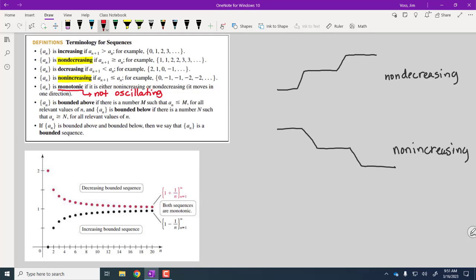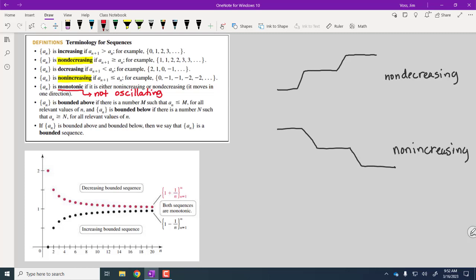If anything, it's moving in one direction. It never comes back down if it's going up. If it starts up, it can't come back down. So that'll be monotonic. It's trending up or it's trending down. And again, it's just absolutely fine to replace this with decreasing and increasing. Totally fine. That's what we are going to see in practice.